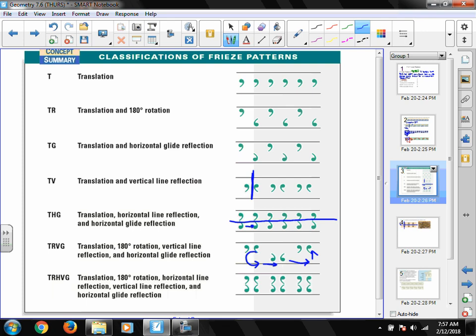So it doesn't look like I have just a glide reflection, not just a vertical reflection. Well, it could be this THG. You get your horizontal glide reflection. But really, the only one where it looks like I am symmetrical here, up and down, and left and right, that line's not in the right spot, is this THVG.